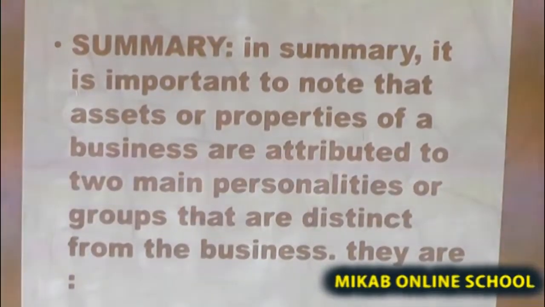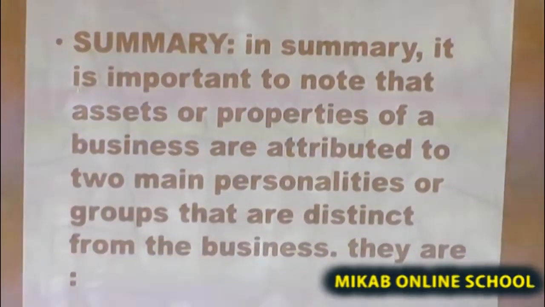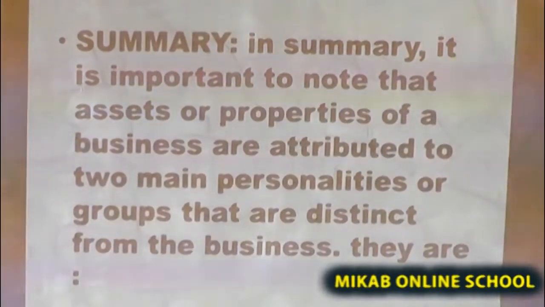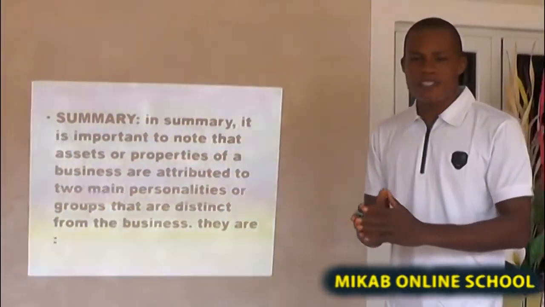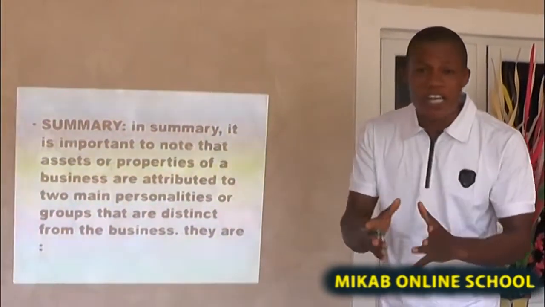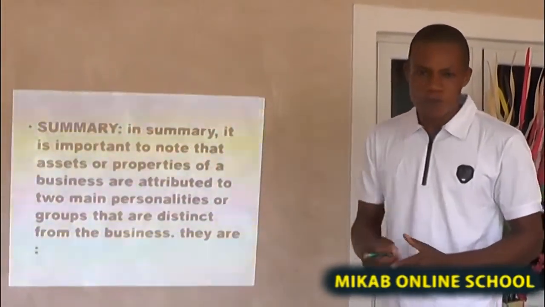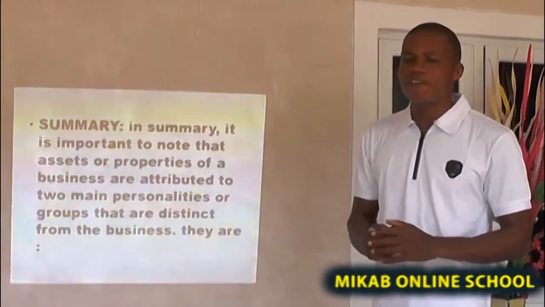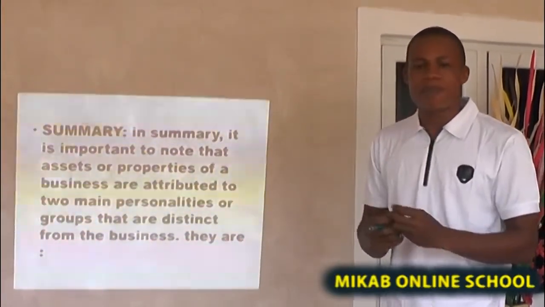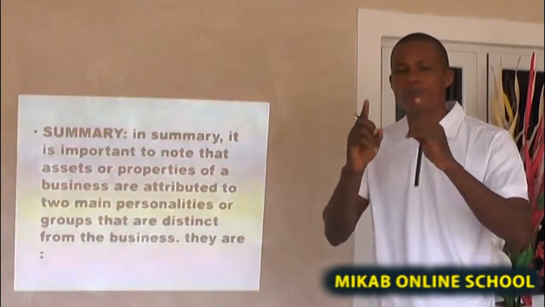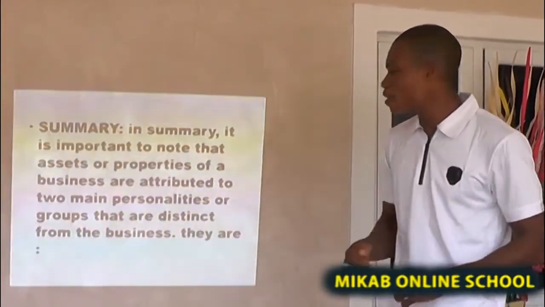In accounting, don't forget, we treat the business as a separate entity, different from its owner. It means that the business is seen as an artificial human being. They can sue and they can be sued. Therefore, it is owned by two personalities, but it may be controlled by one, which is the proprietor.